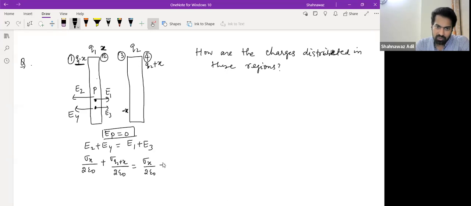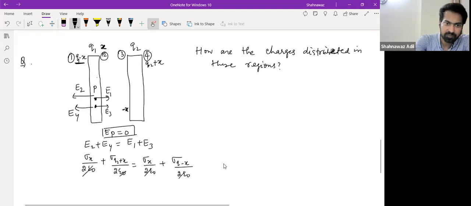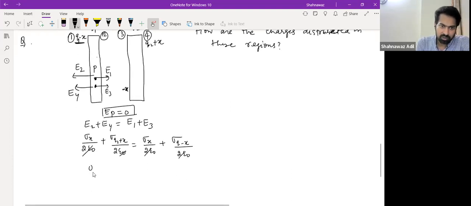And due to E1, this would be sigma (q minus x) by 2 epsilon. So this cancels, and we have sigma x is how much? X by a. And q2 plus x is (q2 plus x) by a. Sigma x is x by a. And this is (q1 minus x) by a.